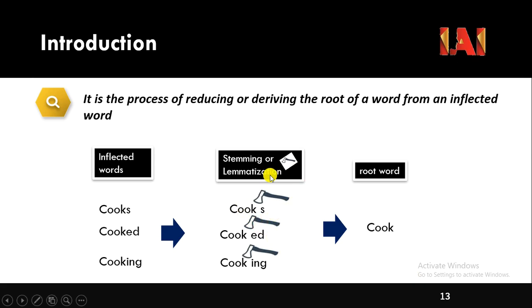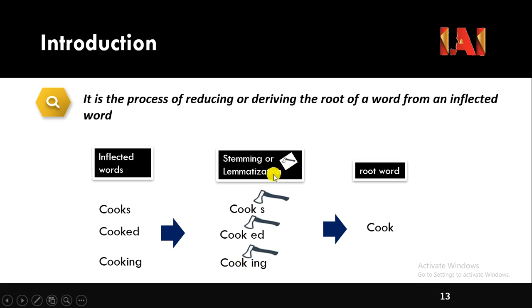Both in stemming and in lemmatization, we can reduce a given word to its root. The root word is called a stem in the case of the stemming process, and it is called a lemma in the case of the lemmatization process.